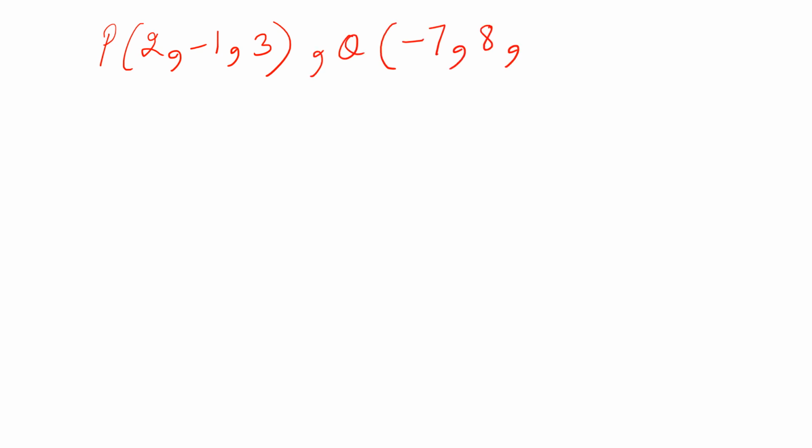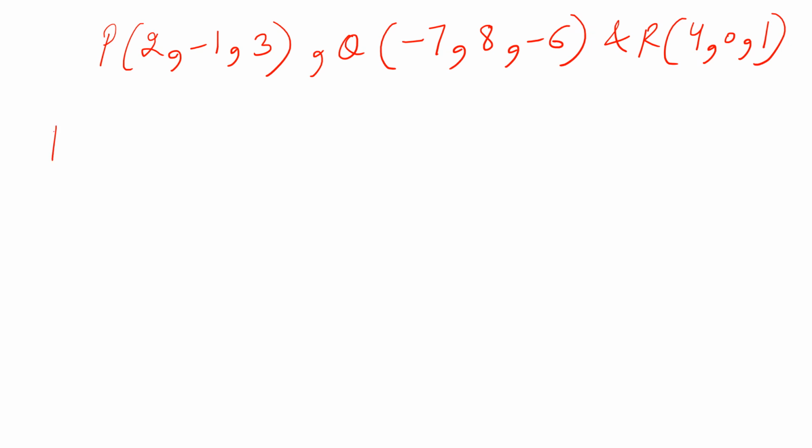Now students, we have the coordinates of P as (2, -1, 3), the coordinates of point Q as (-7, 8, -6), and the coordinates of the point R as (4, 0, 1).